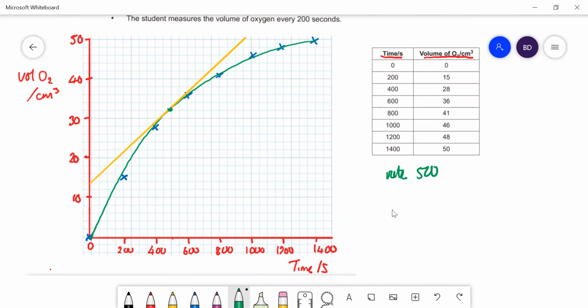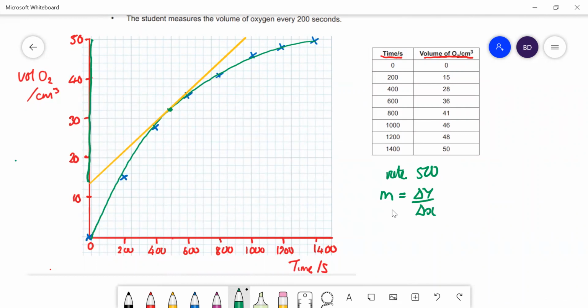Let's do the change in y first. So gradient m is equal to the change in y over the change in x. Let's do the change in y, which is that green there.